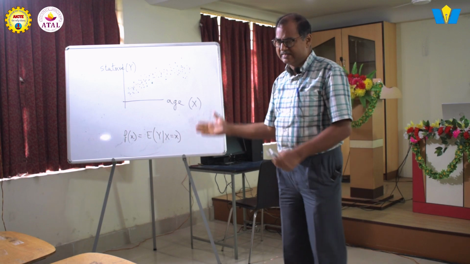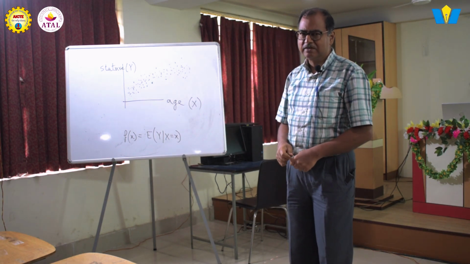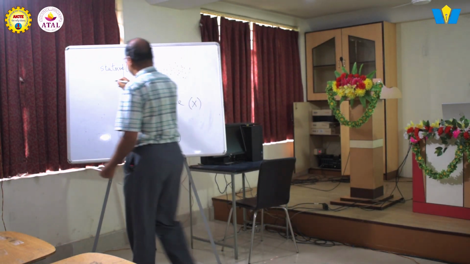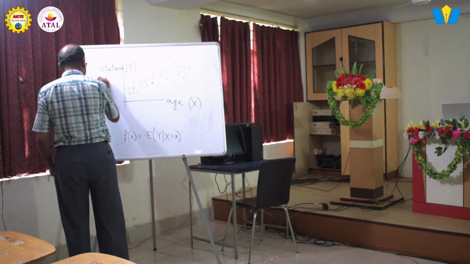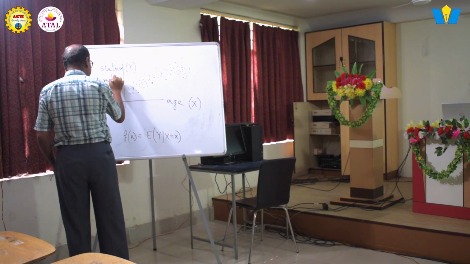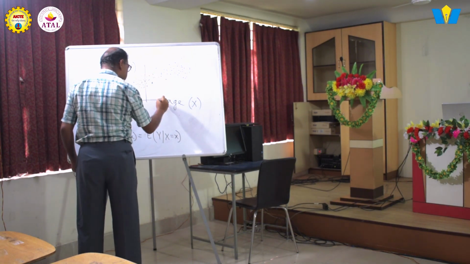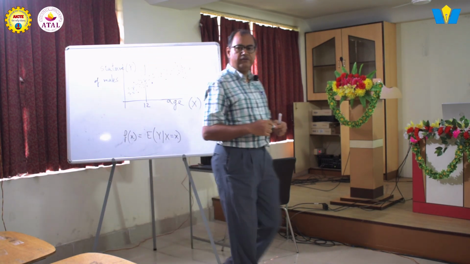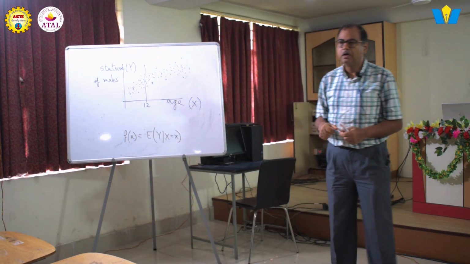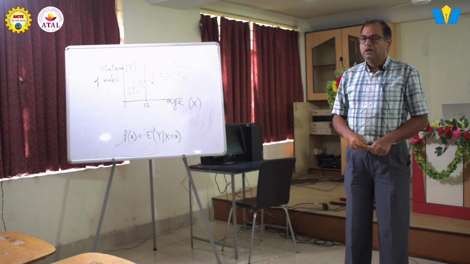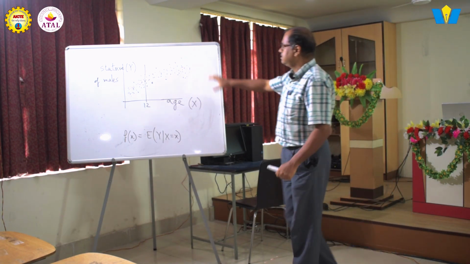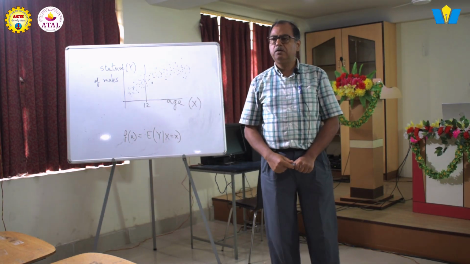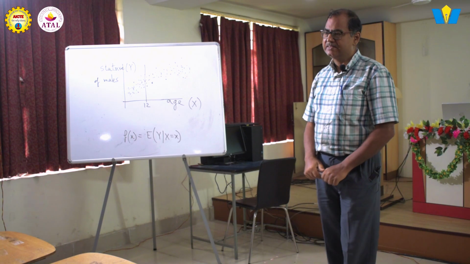I'm talking about males, not females, so that kind of heterogeneity is not there. So the stature of males at some age, suppose this is 12 years, and you have access to the entire data, what will be your answer?